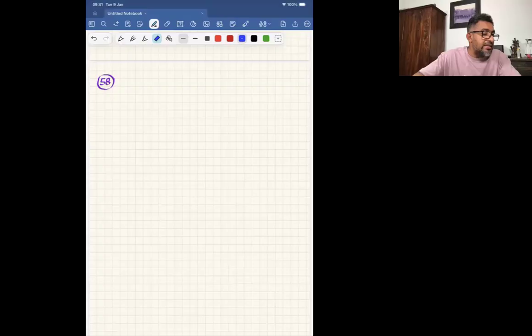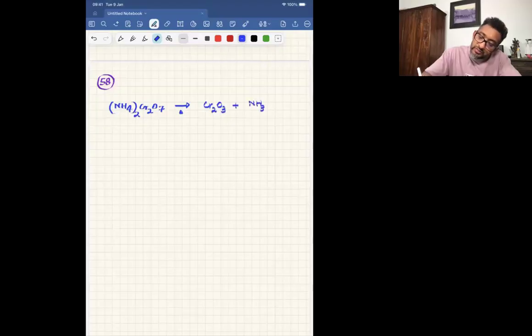So when A is heated to give a green residue, M2O3, ammonium dichromate. So ammonium dichromate, (NH4)2Cr2O7, when you heat it, what are the compounds that you get? Cr2O3 plus nitrogen plus water.